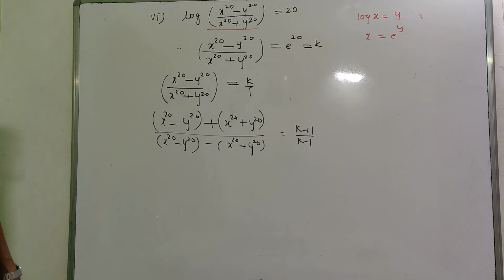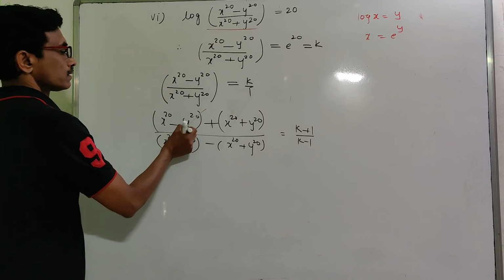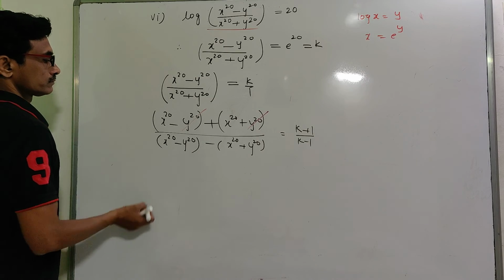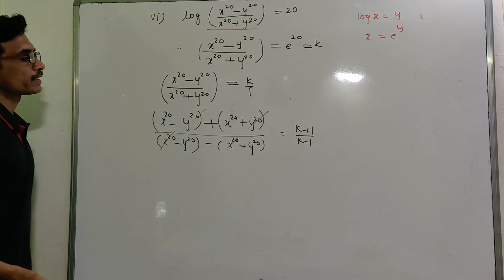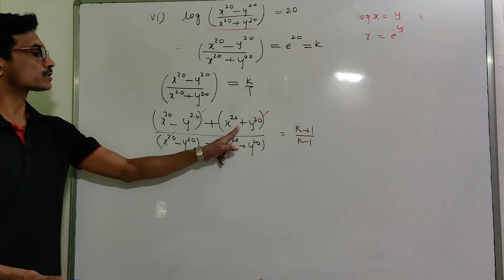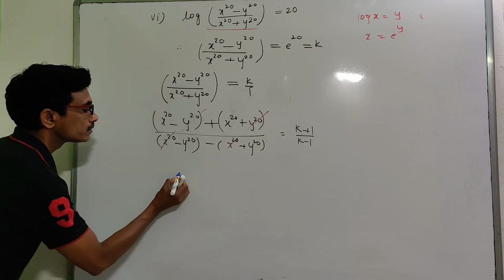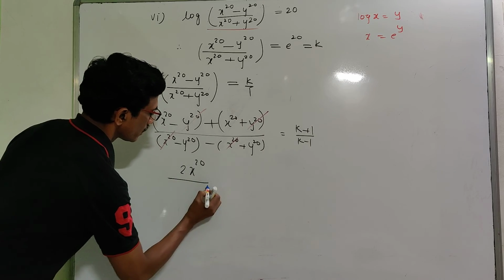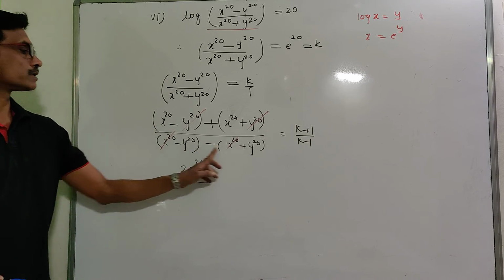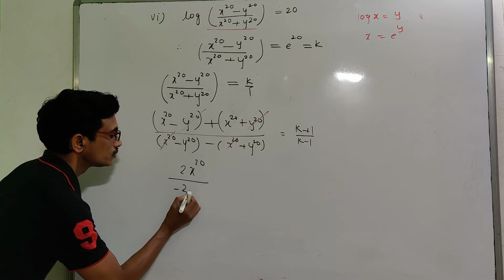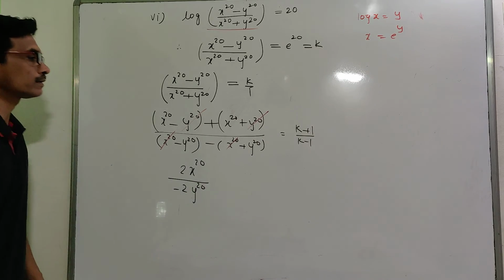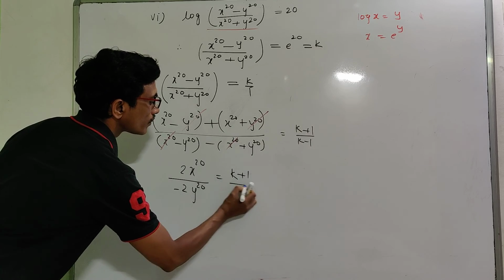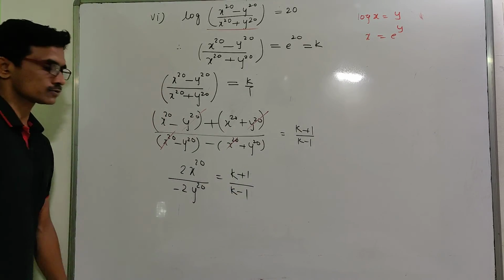So what we can cancel here: this y raised to power 20 is cancelled, x raised to power 20 plus x raised to power 20 is 2 times x raised to power 20, denominator minus of 2 times y raised to power 20, and the right hand side is k plus 1 upon k minus 1.